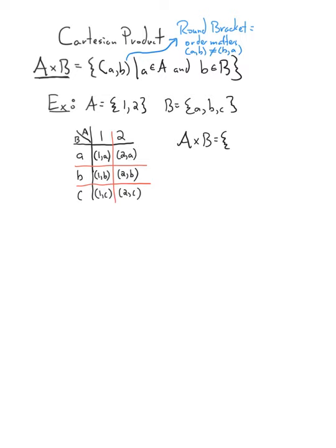So it's all possible combinations of an element from your first set and an element from your second set written as an ordered pair. So we can list that, in fact, it's just 1A, 1B, 1C, 2A, 2B, and 2C. So that's our Cartesian product.